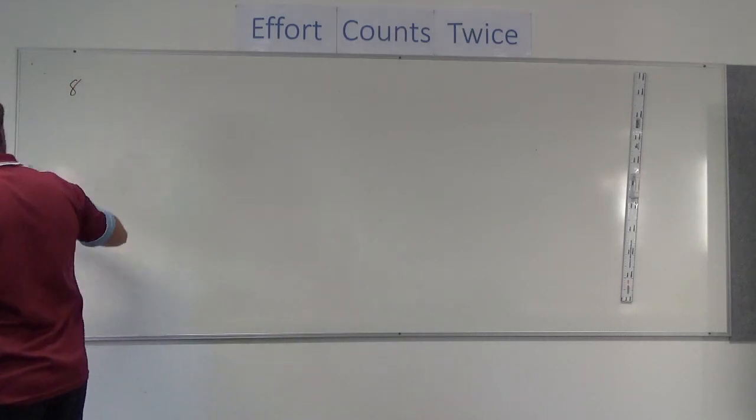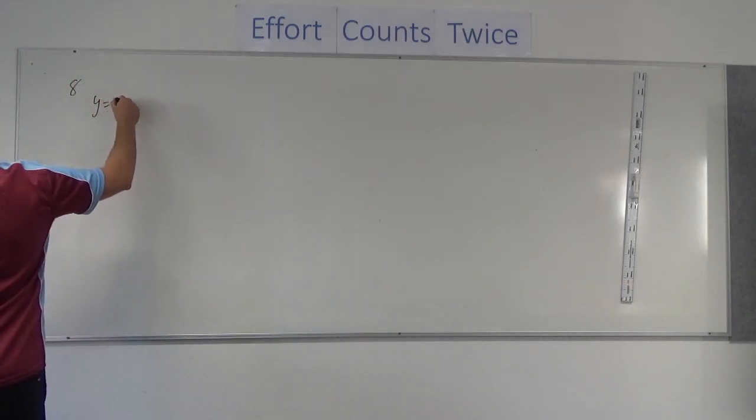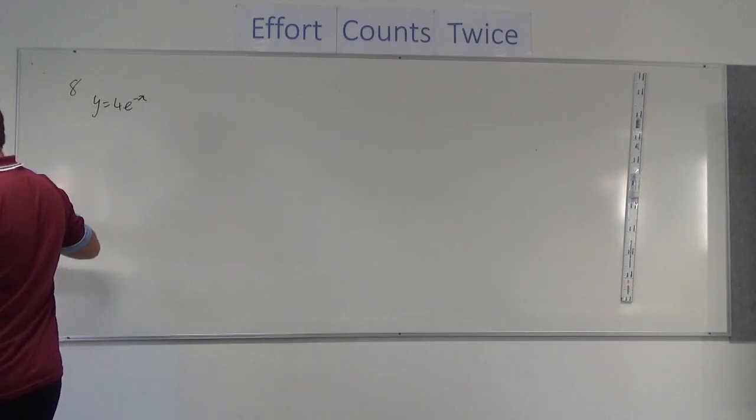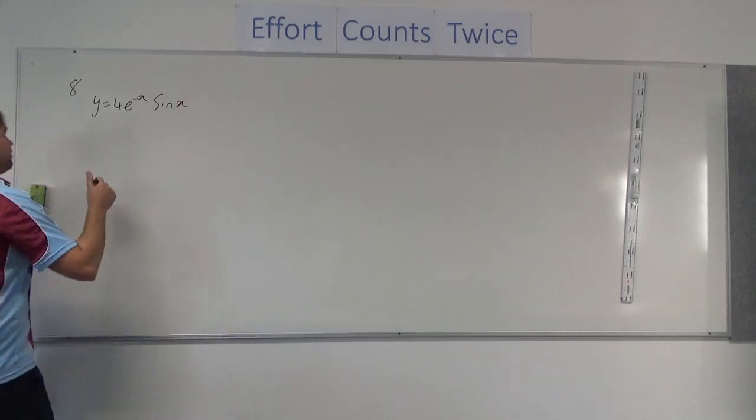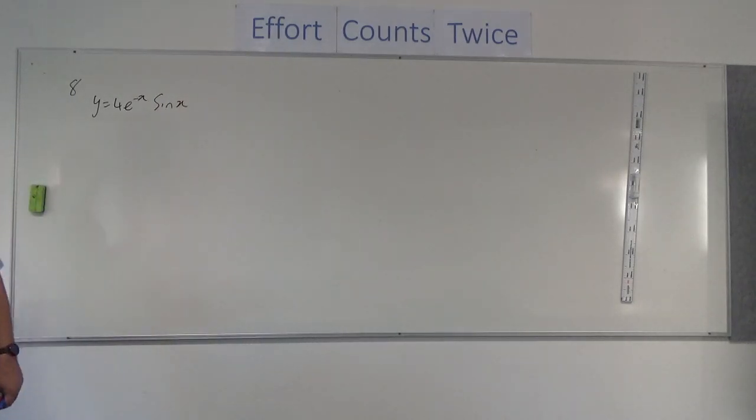Question 8. y equals 4e to the minus x sine x. Alright. We want to show it has a local max when x is pi on 4.